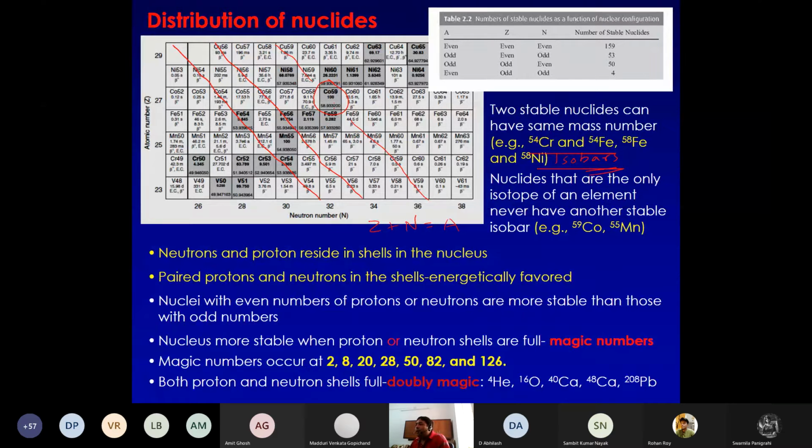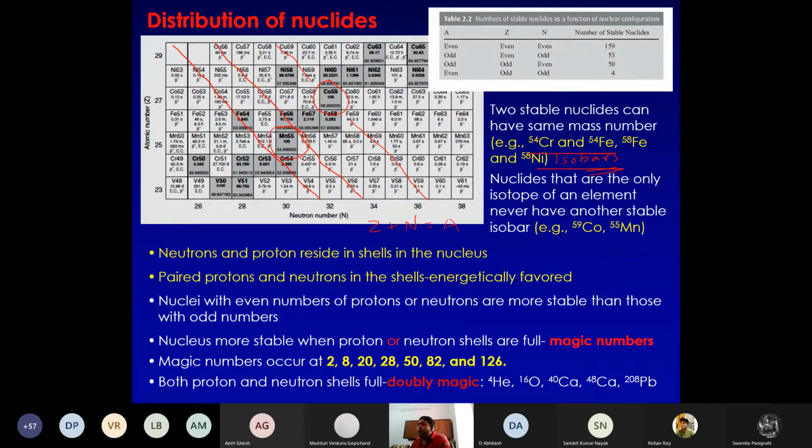So cobalt 59 is the only isotope of cobalt, and it does not have any stable isobar. Whenever you have an element with just a single isotope, it does not have any other stable isobar. Another example you can take is manganese 55, the only isotope of manganese.